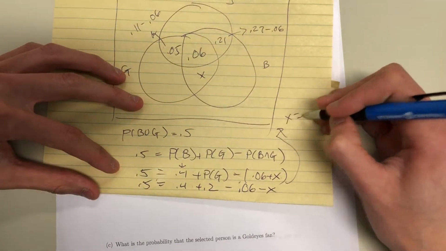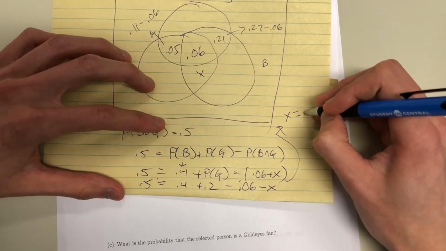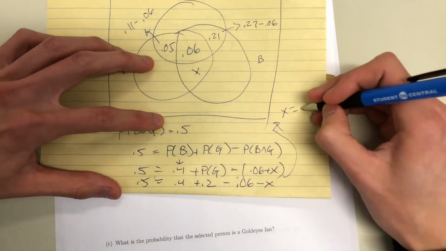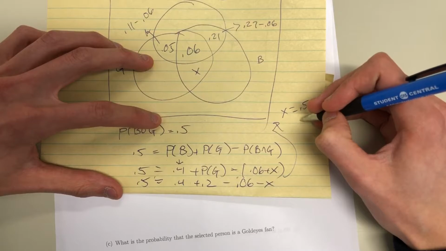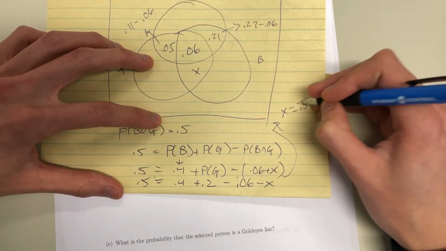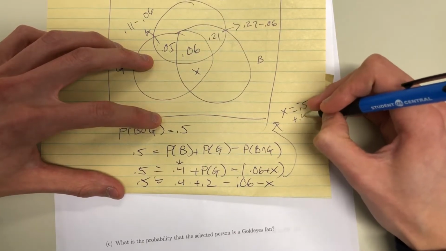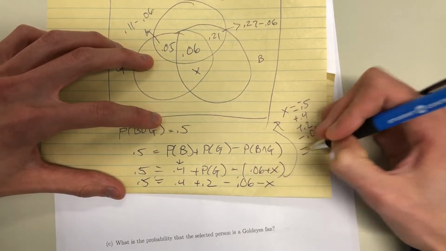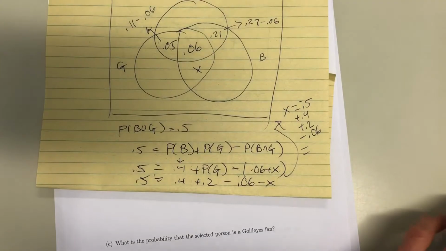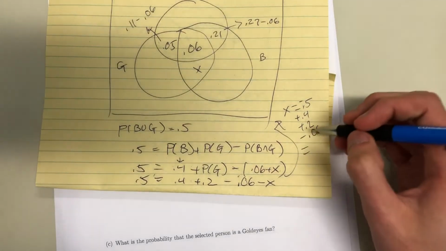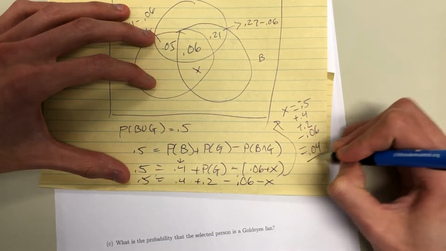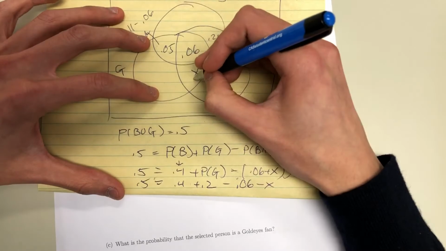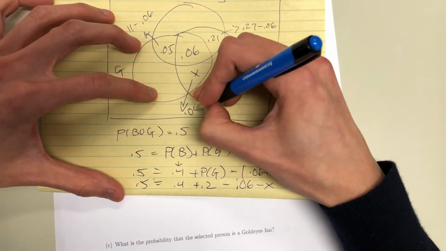So x is going to be equal to negative 50% plus 40% plus 20% minus 6%, and that'll be 4%. So this is going to be 4%.